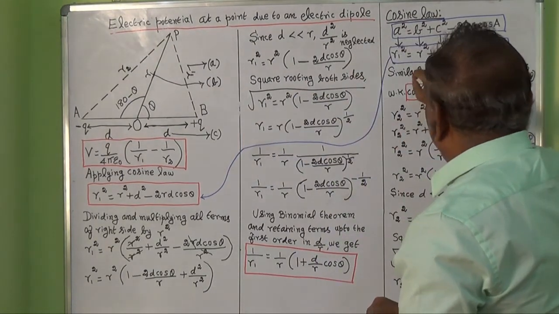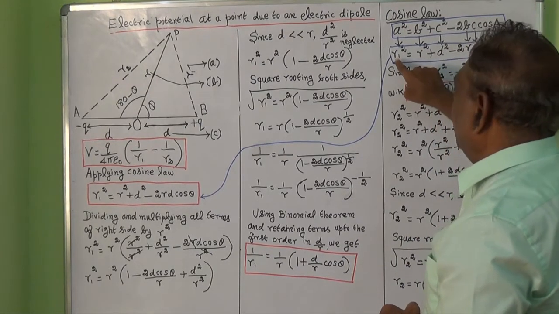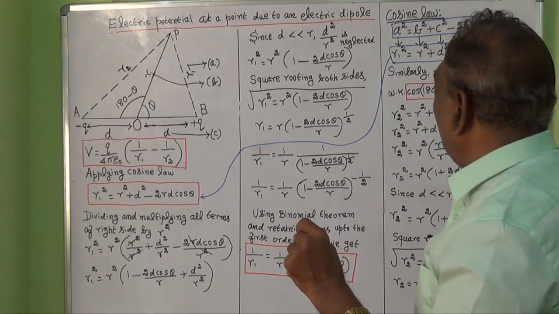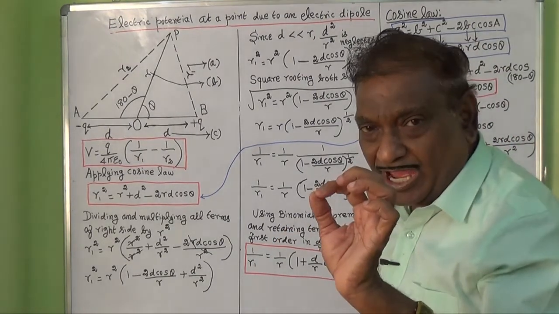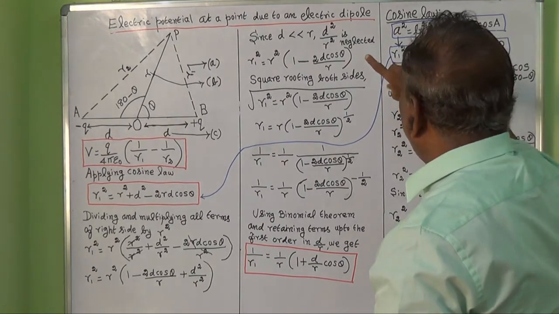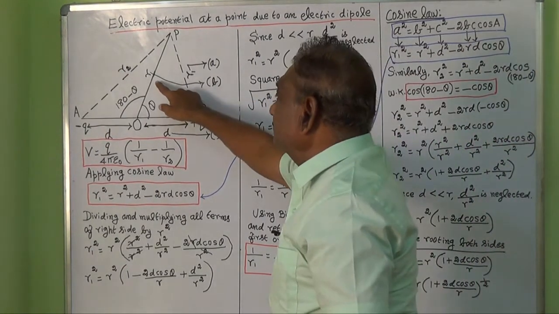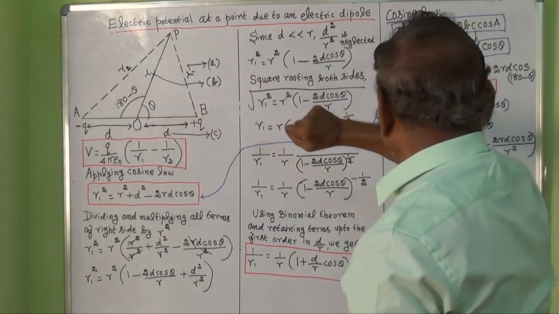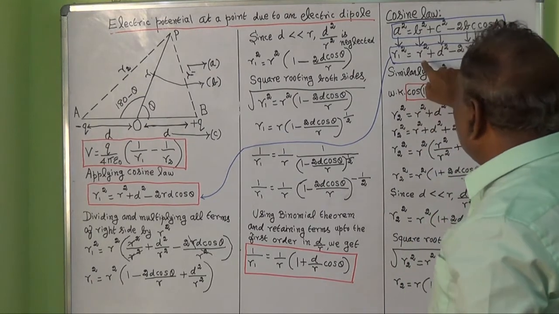Therefore, A is substituted as R1. Hence, we are getting A square as R1 square. Likewise, in the place of B, we are having small r.